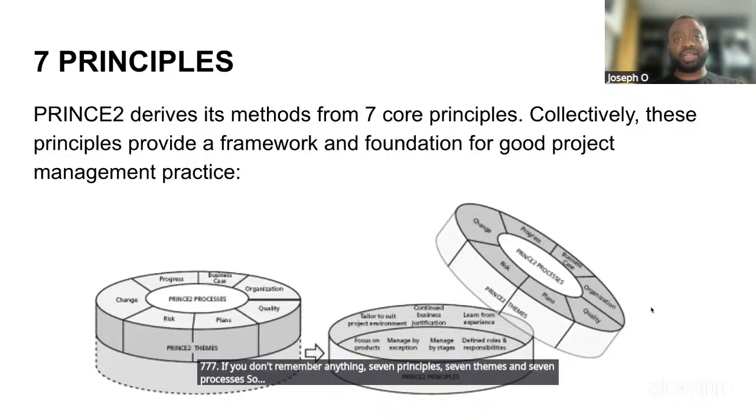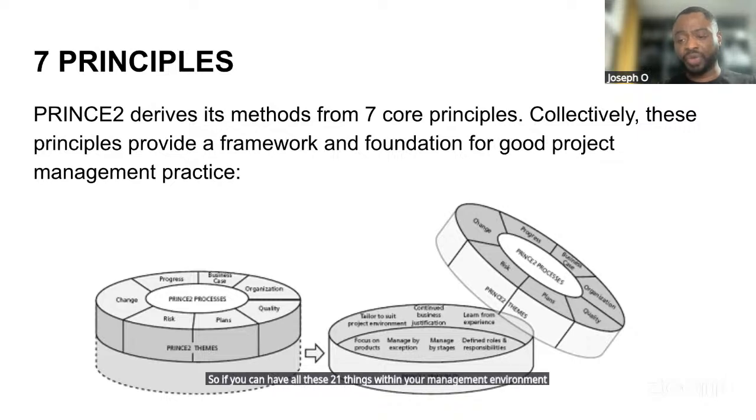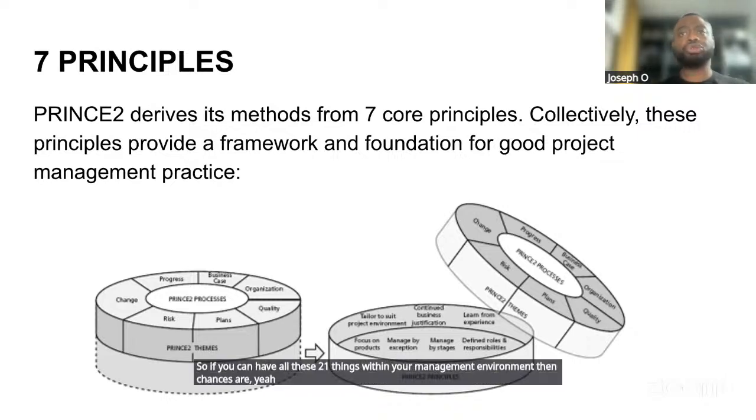Like I said, together, these 21 things form the framework and the foundation for good project management practice. So if you can have all these 21 things within your management environment, then chances are you would come out with a successful delivery of the projects that you are managing.